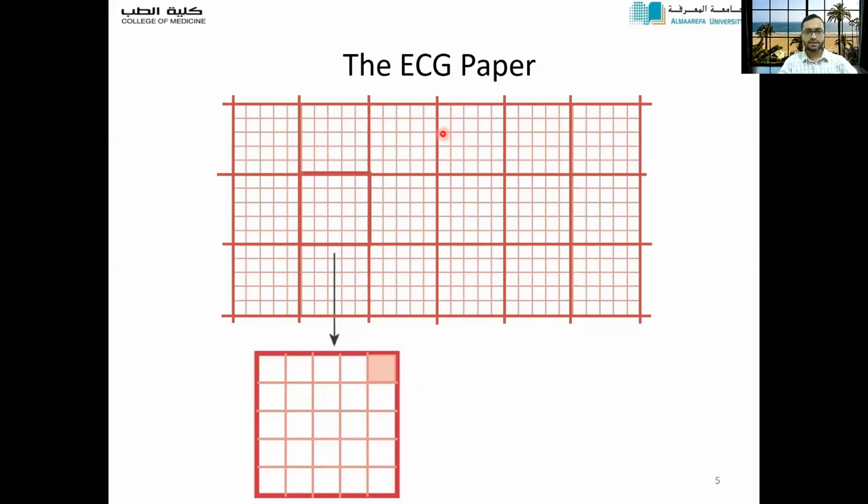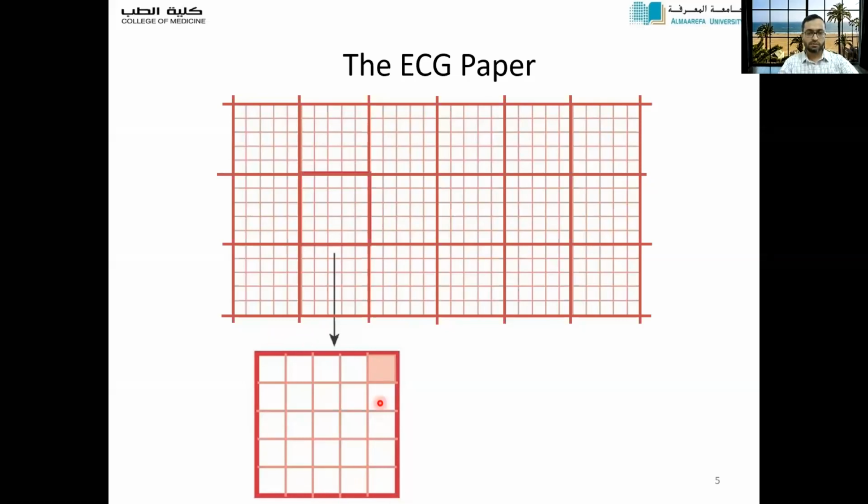As this ECG paper looks like a graph, we also use it in a graphical way. In the graph paper, there is the y-axis, the vertical axis, and the x-axis. If I draw the axes on this one large square, this is the y-axis and this is the x-axis.